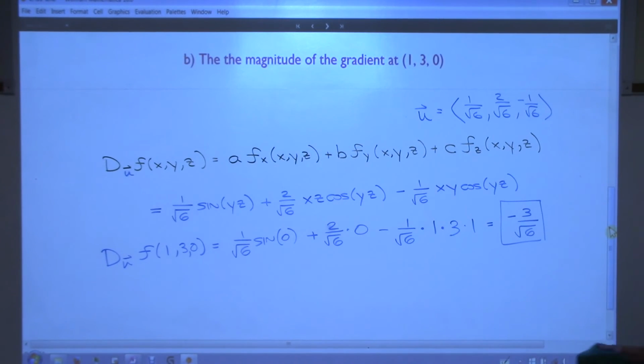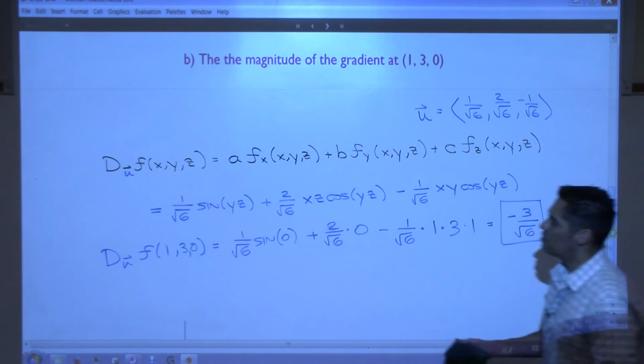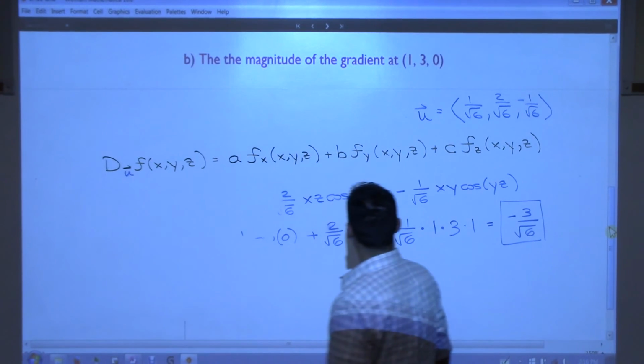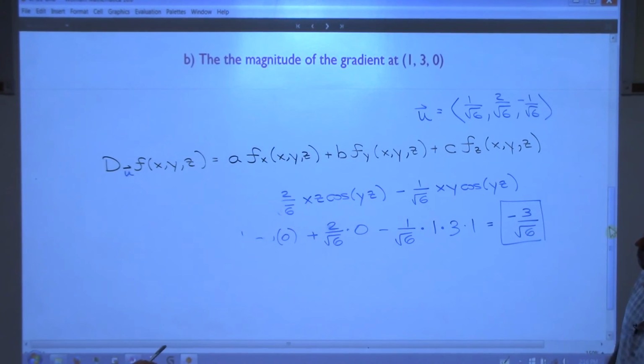What's the magnitude of the gradient vector at 1, 3, 0? Well, we know what the gradient vector is. We actually got the partials already. So let me just write down what the gradient vector is. Wait. Whoa. For this one, xz cosine yz, shouldn't it be 2 over root 6 there?